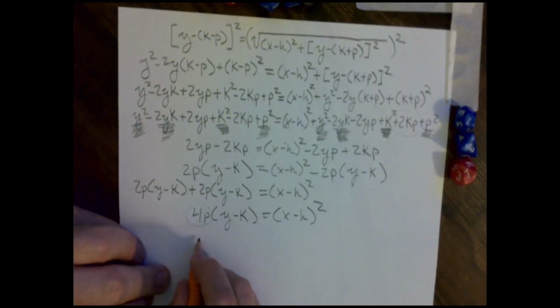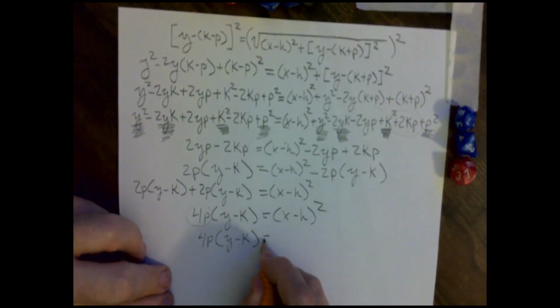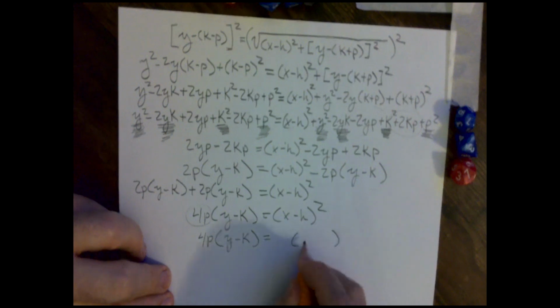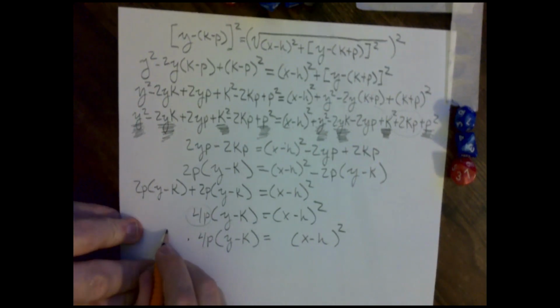So 4p y minus k equals that, and we're going to multiply by 1 over 4p.